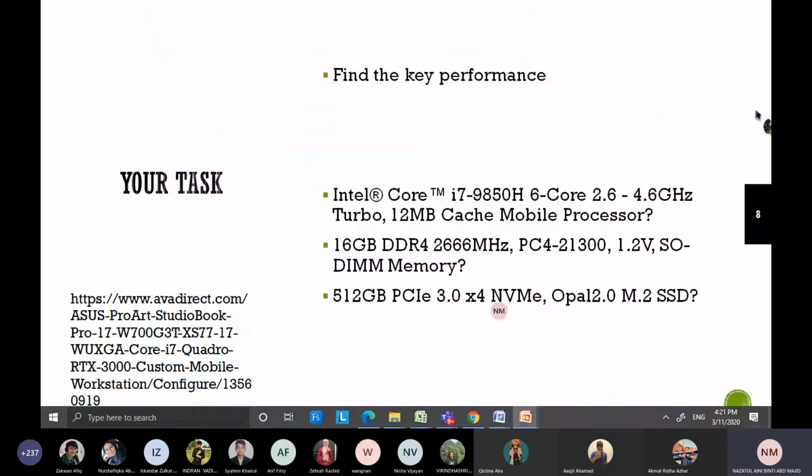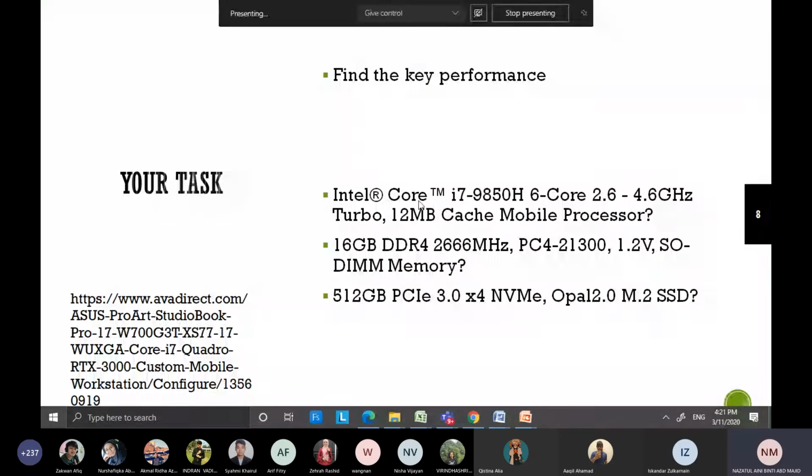Can you find the key performance factors from this specification that I took from this website? So what can you see here? Specification: processor, CPU, RAM, SSD storage. All right, good.